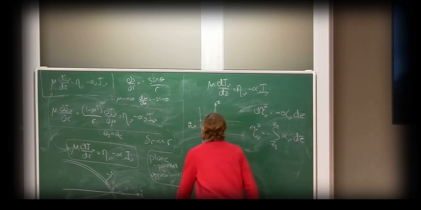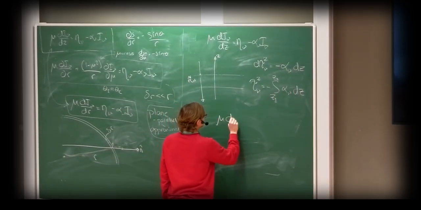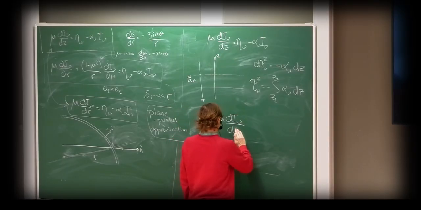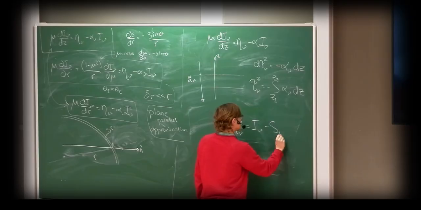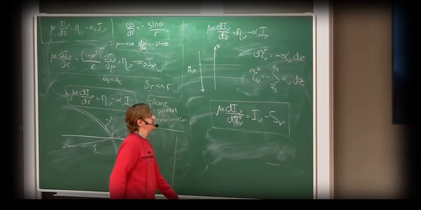So if you plug this in now, you will see that dI nu/d tau nu C is going to be I nu minus S nu, where S nu is our source function again.